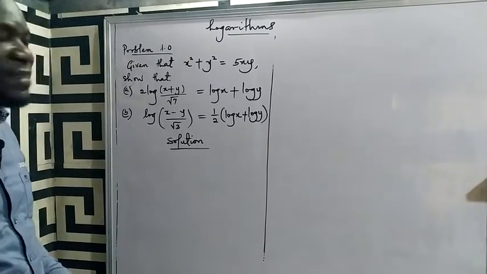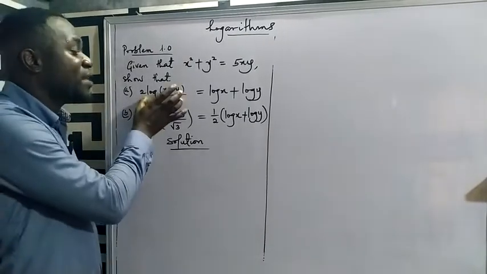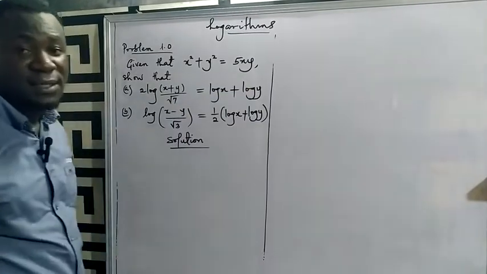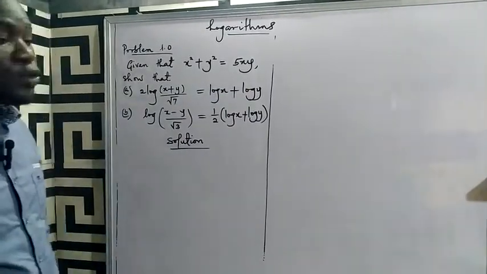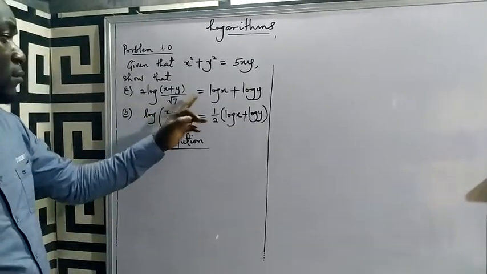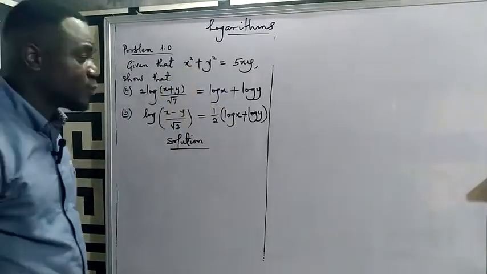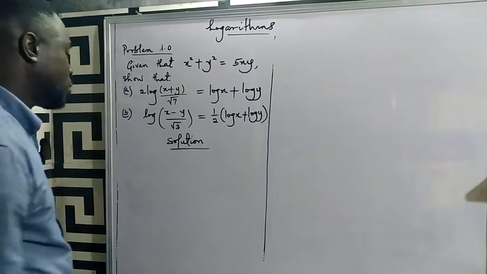Good. Alternatively, we can pick the left hand side of this equation and show that it's equal to the right hand side. I'm going to use that to prove this equals this, given this condition, right? So let's look at the first question.